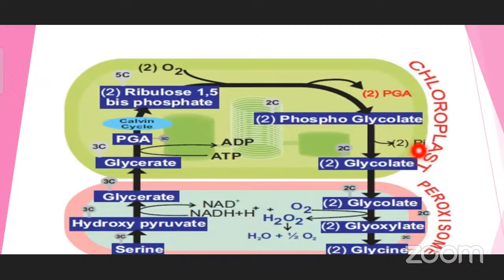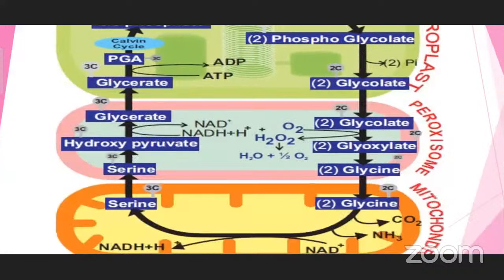Okay, so here you can see the phosphate is released. When the phosphate is released, the glycolate is only present now. Now we are having 2 molecules of glycolate. Now both these 2 molecules of glycolate are going to enter the peroxisome.